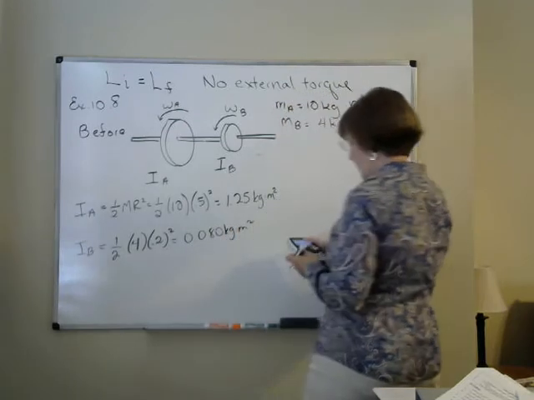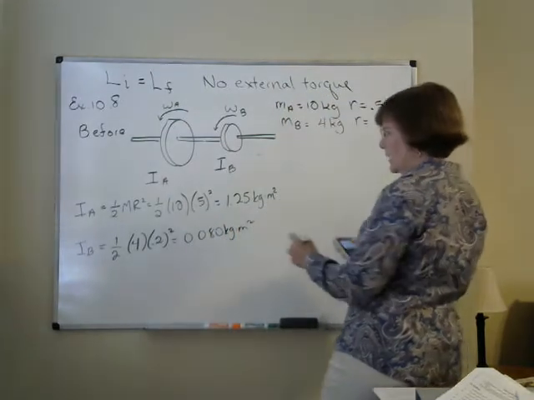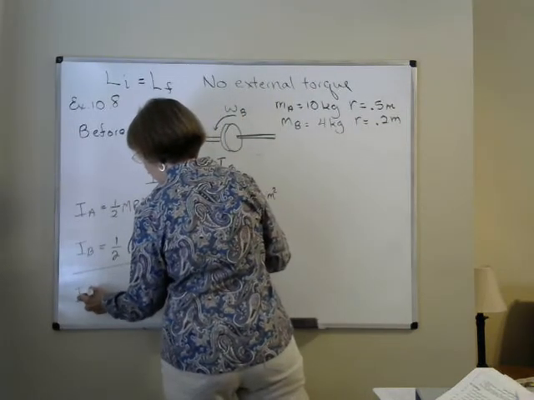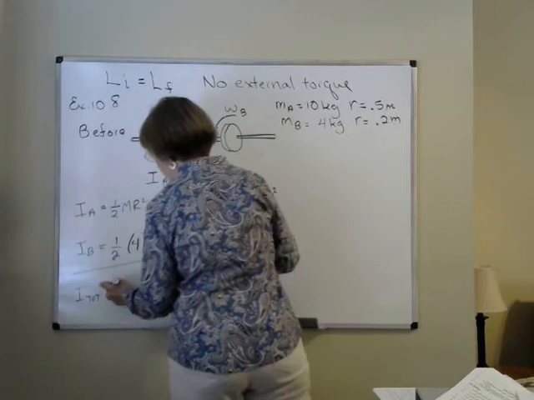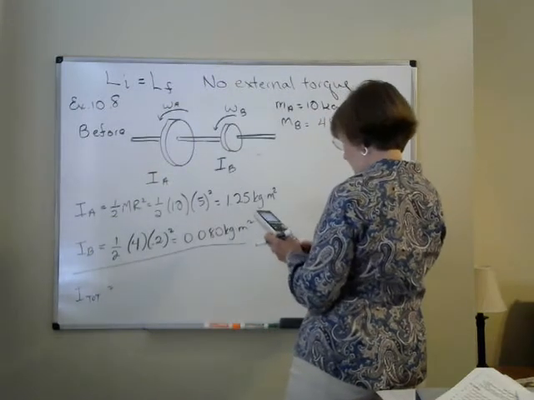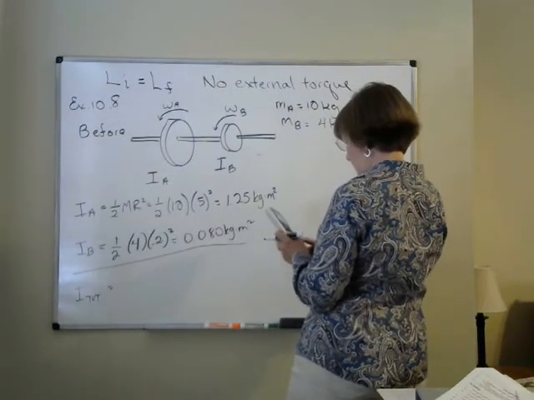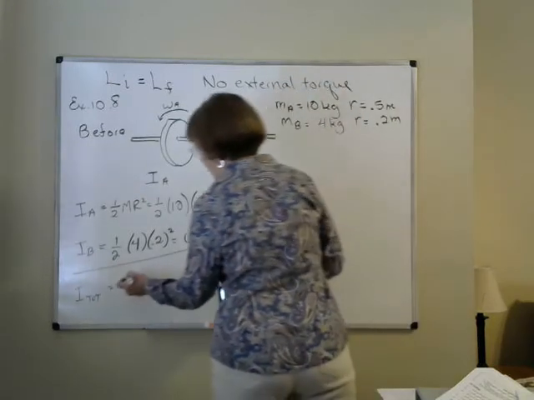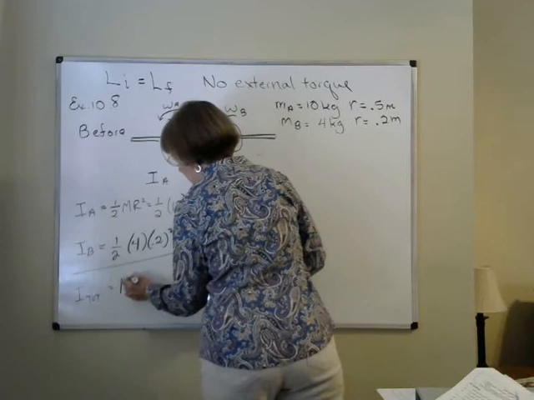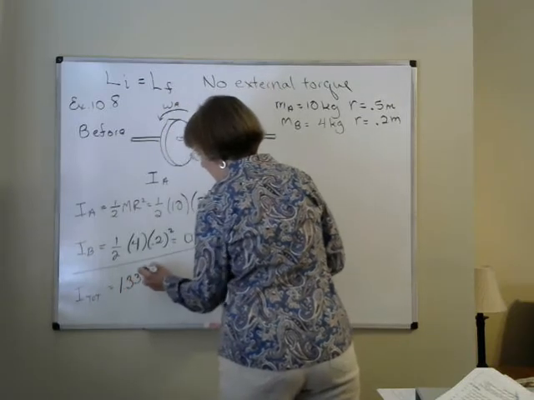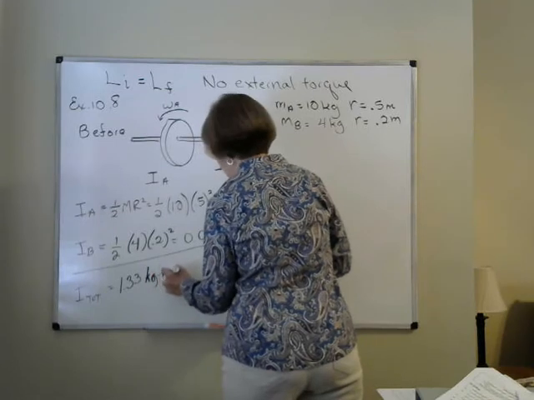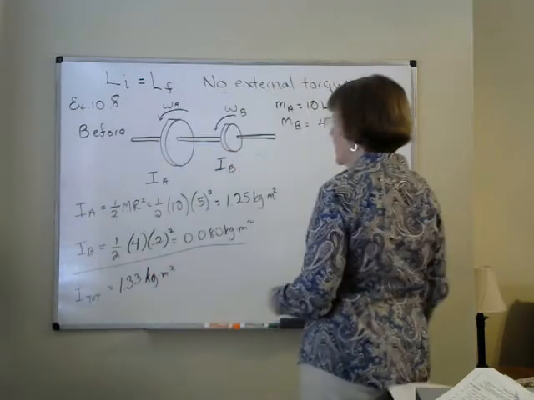I don't want to add those yet, but later when they're stuck together, 1.25 plus 0.08 is going to be 1.33 kilogram meters squared. All right.